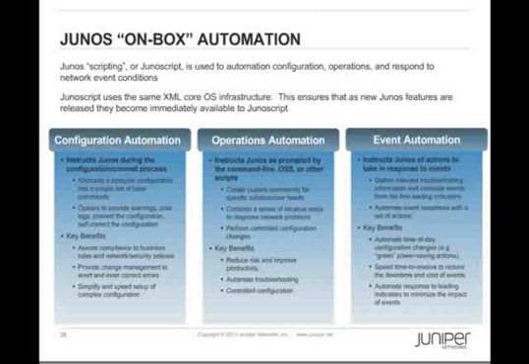And event automation, effectively, is when an event occurs that's triggered, and a script can be kicked off based on that event. What's nice about that is it can kick off configuration and operations automation scripts simultaneously.